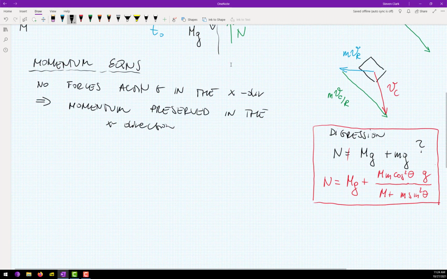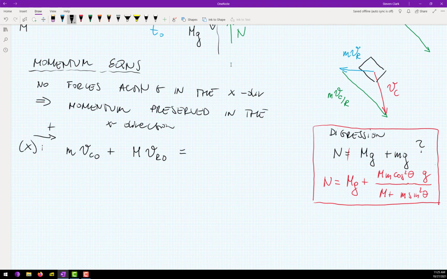Okay, so we will write our momentum in the x direction, and let's say that this direction is positive. So we will have m v crate 0 plus big M v ramp 0 plus 0 impulse, so let's not even write it.